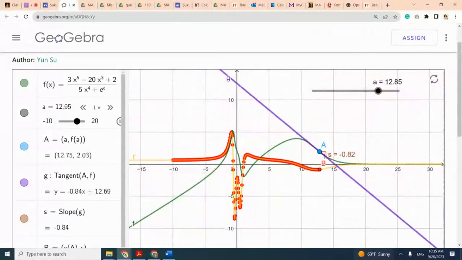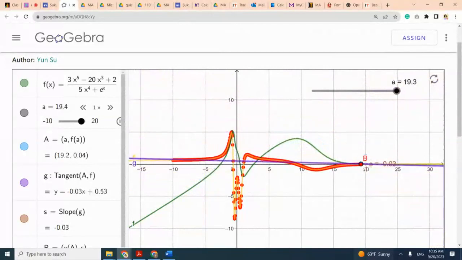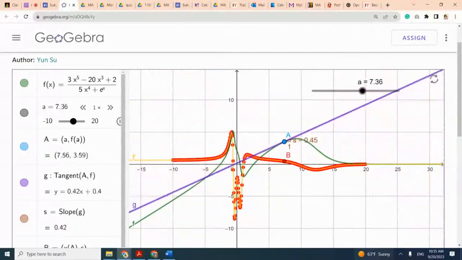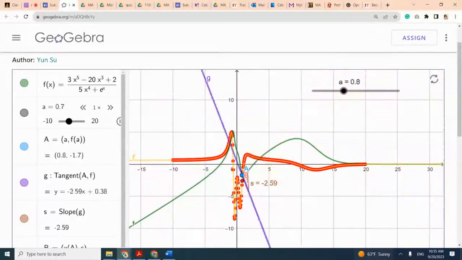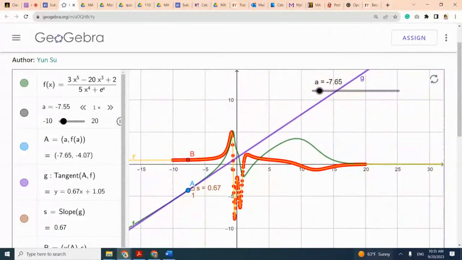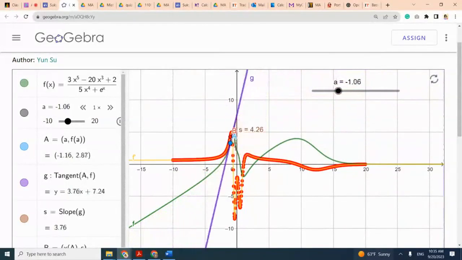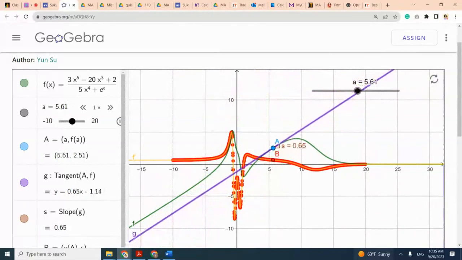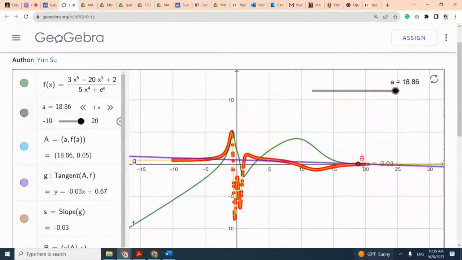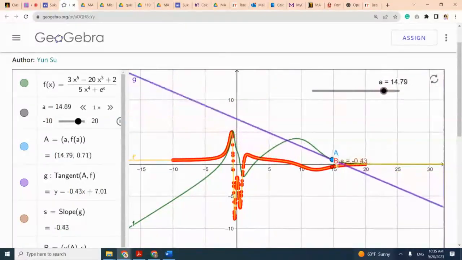This red dot is the slope of the tangent line. Do you see it matches the yellow curve? The yellow curve is the derivative. So you can see the derivative is the slope of the tangent line at that point.